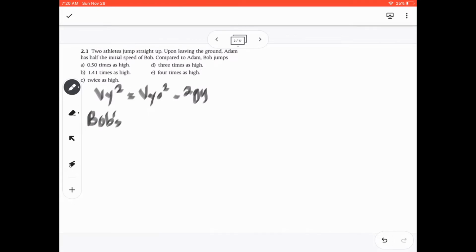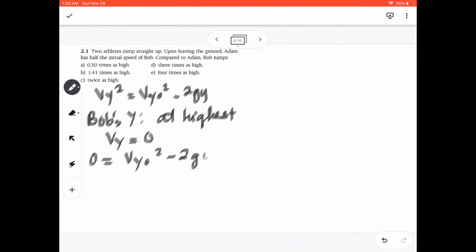Bob's y, vertical distance. At the highest point, Vy is equal to 0. Therefore, 0 is equal to Vyo squared minus 2gy.